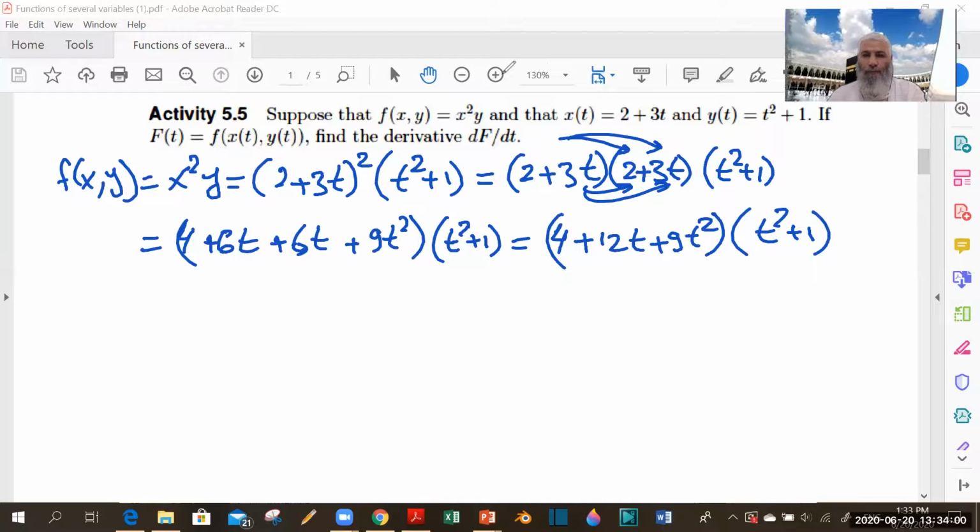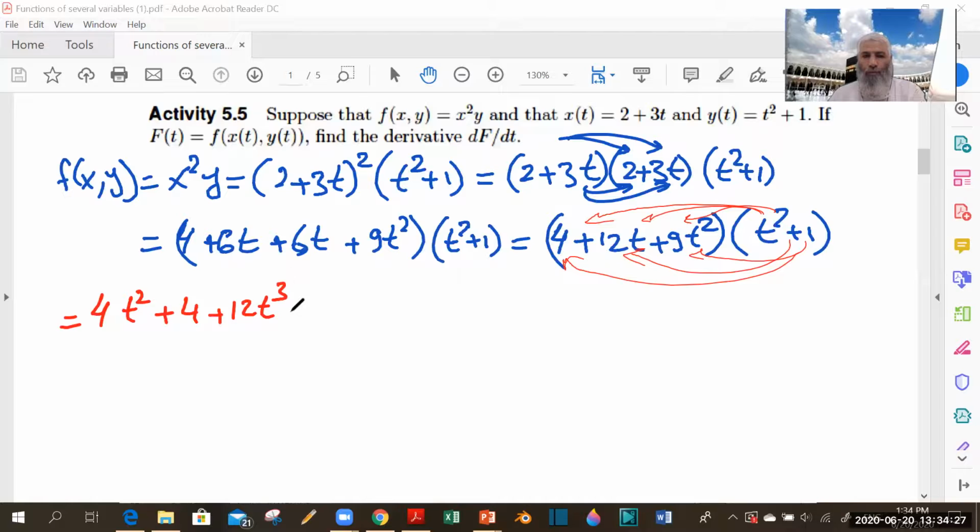So again, we will multiply t squared here and here and here, and 1 here, 1 here, 1 here. Here we have 4t squared plus 4, plus 12t cubed, plus 12t, plus 9t to the fourth plus 9t squared.